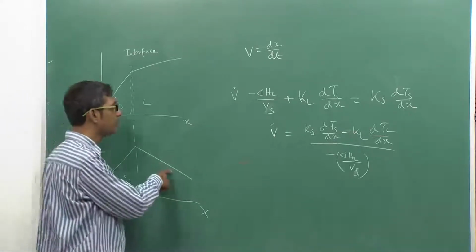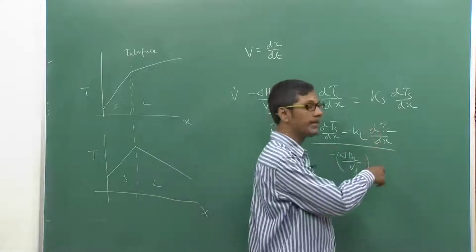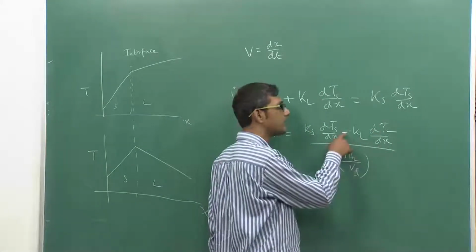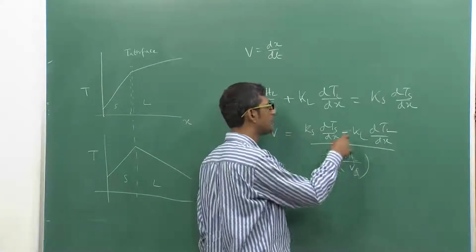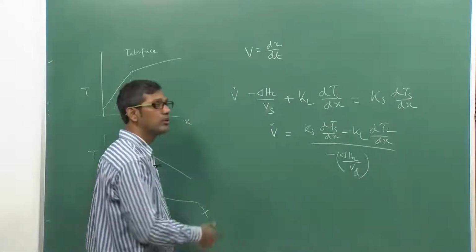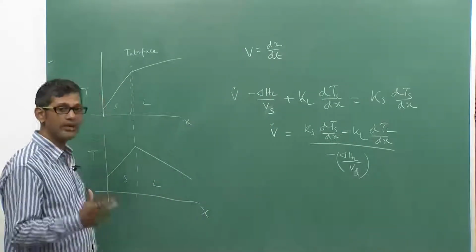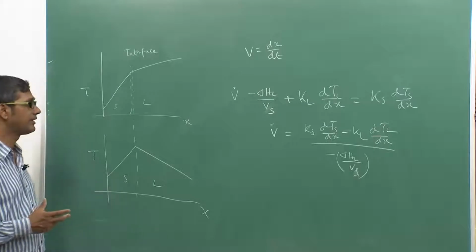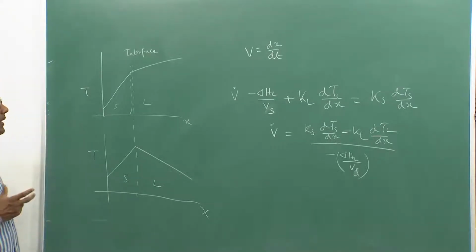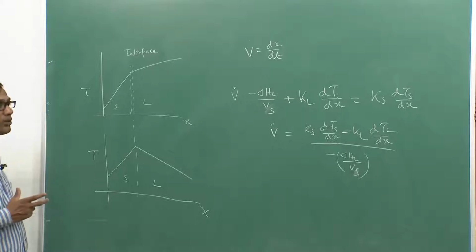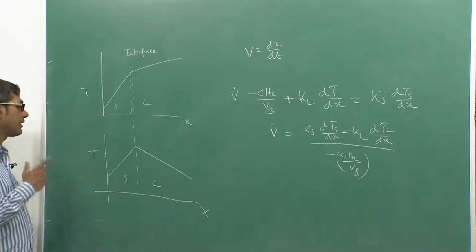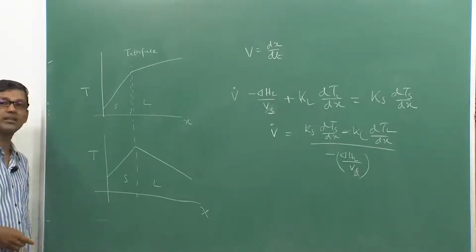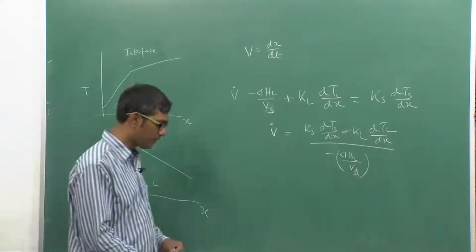So dTl/dx becomes negative, this negative sign and this negative sign become positive, so these plus this become a very high value, and then the growth rate is very high. That is the one important aspect you must understand, that this thermal heat balance tells you that if I want to make the growth rate positive and very high, I must develop a negative temperature gradient in the liquid. That is the first thing which you have understood.